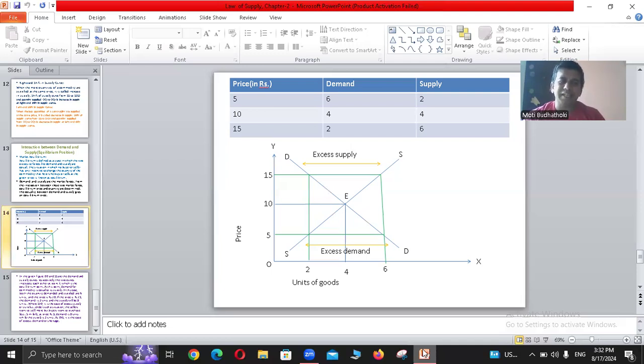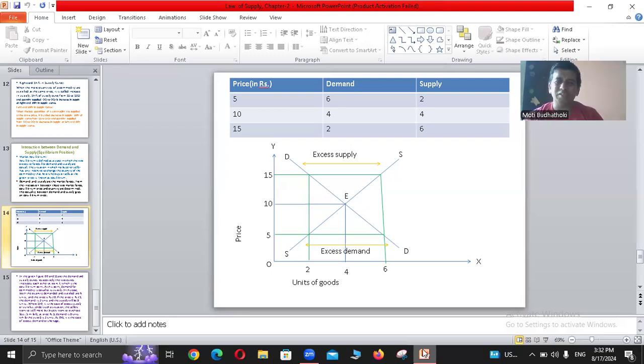So E is the point of equilibrium. If the price becomes higher again, rupees 15 per unit, at that time the quantity supplied also wants to become higher, 6 units, but on the demand side there is a decrease, just 2 units. At that time the point of equilibrium cannot be made at these points, and where the consumer wants to buy more, that is called excess demand at low price.